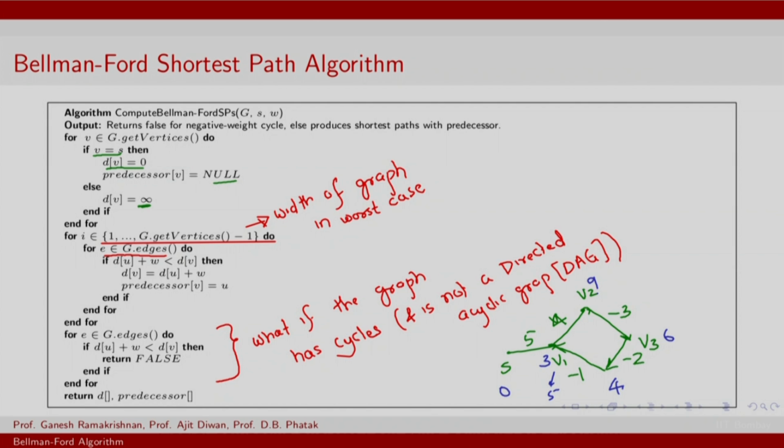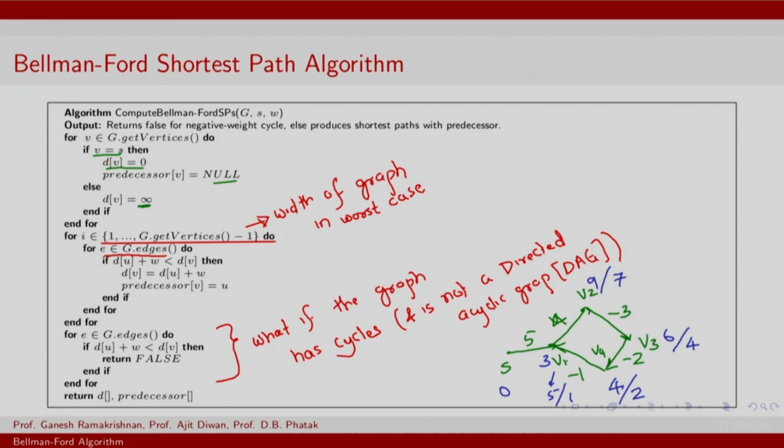However, in the next iteration when you update V2, you will get 7, and then you will be able to update V3 to 4, and at this node V4 you are able to update the weight further and get it to 2, and then at V1 get it to 1.